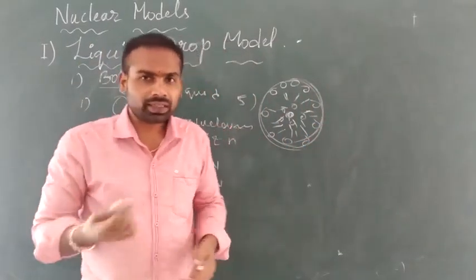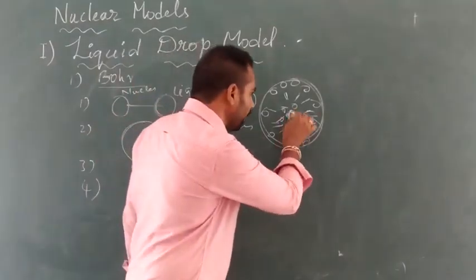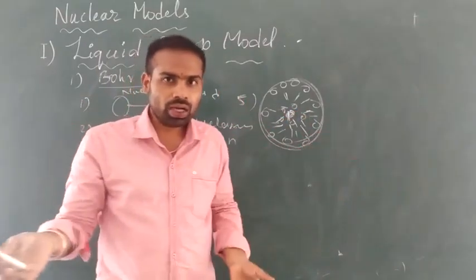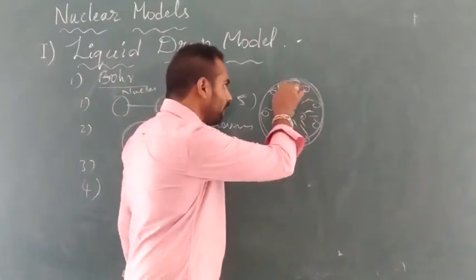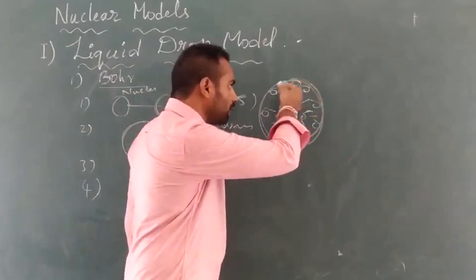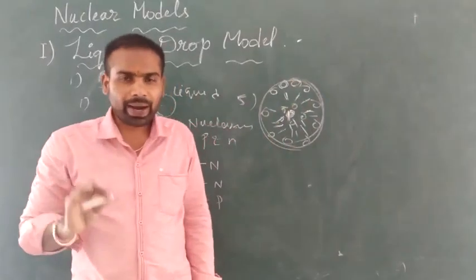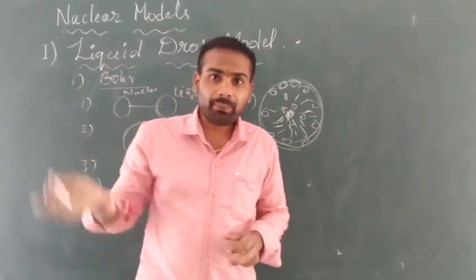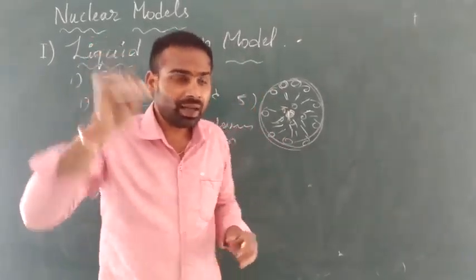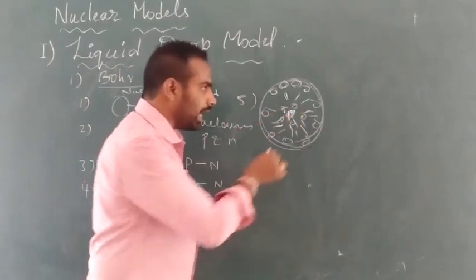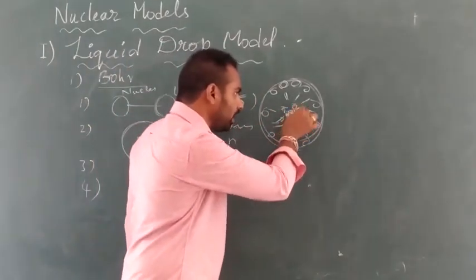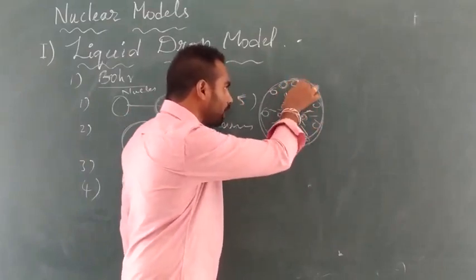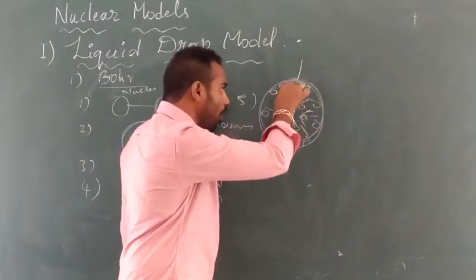This means the binding energy of the nucleons in the middle is more. The binding energy of the nucleons present on the surface is small compared to the binding energy of the nucleons present in the middle of the nucleus, because in the middle the nucleons are attracted by all sides of the neighboring nucleons, whereas the nucleons on the surface are attracted only from one side.